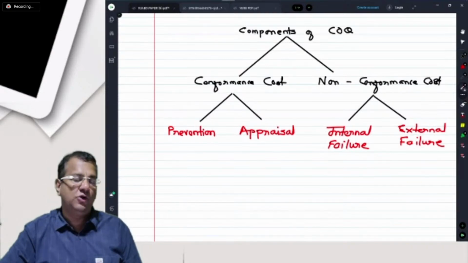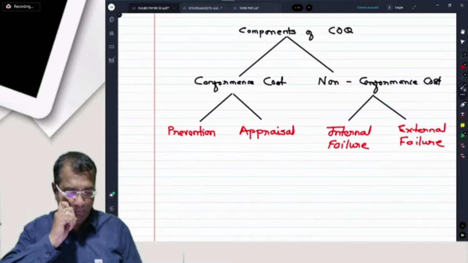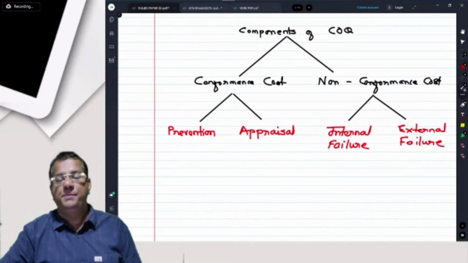Drop one line and write down the word appraisal cost.